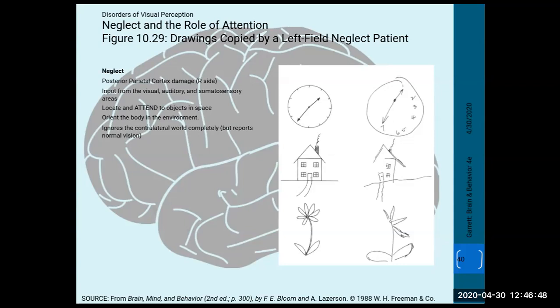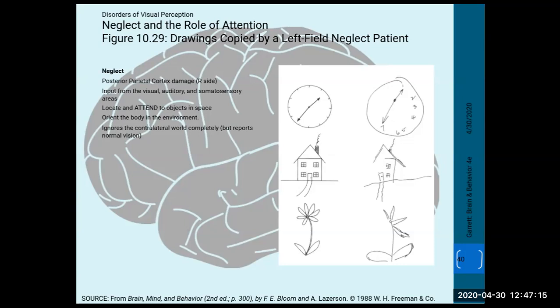It's almost like your brain just forgot to interpret that side of the world. So here you see a person that has neglect, or we call it hemi-neglect because it's only on one side, half of your visual field. So you see on the left that there is a clock, a house, and a flower. And the person with posterior parietal lobe damage in a famous experiment was asked to just draw the picture on the left and copy it on the right.